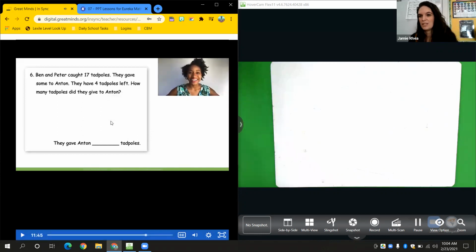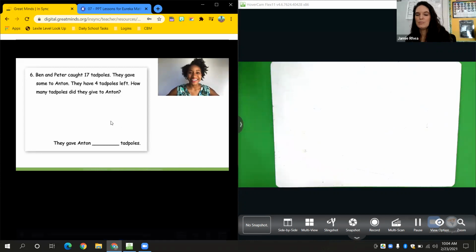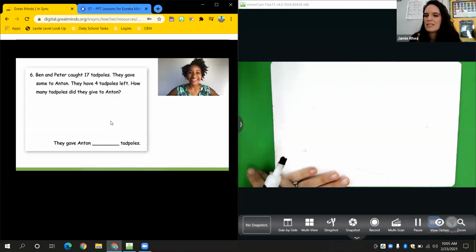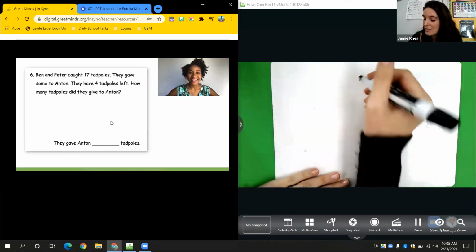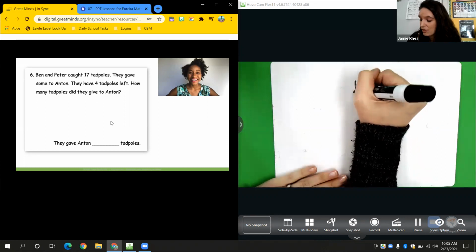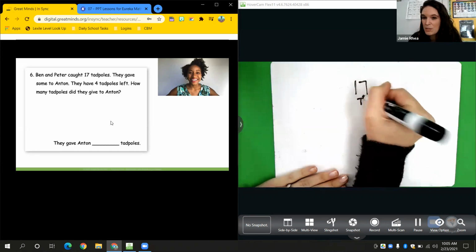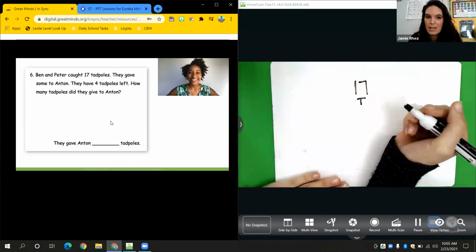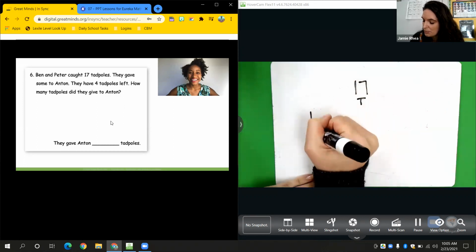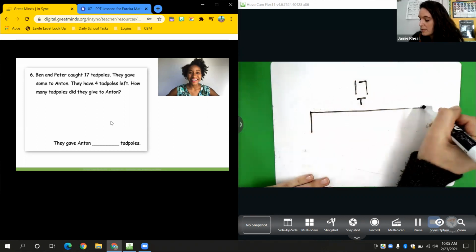Okay, number detectives, here we go. So Ben and Peter caught 17 tadpoles. Now let's think about that. Is that going to be a part or is that going to be a total? That's a total. So they have 17 altogether. So let's put 17, and I'm going to put total. Okay, and I'm going to draw my box.